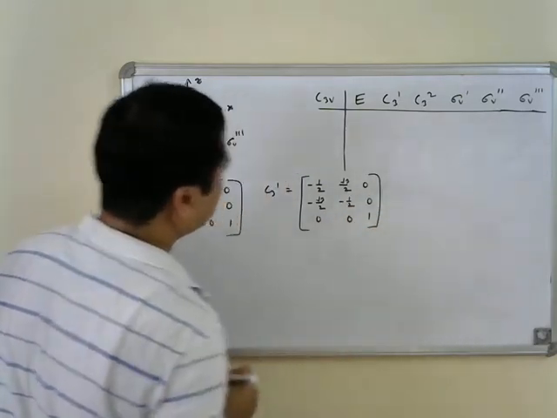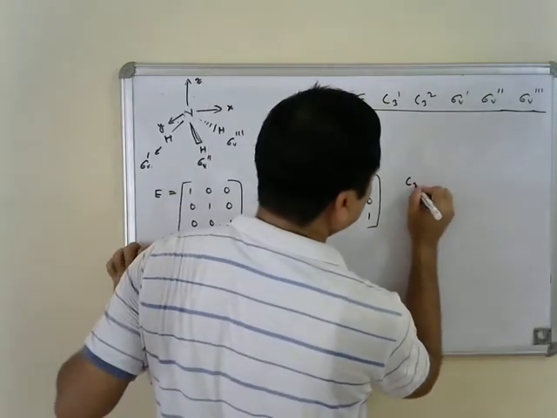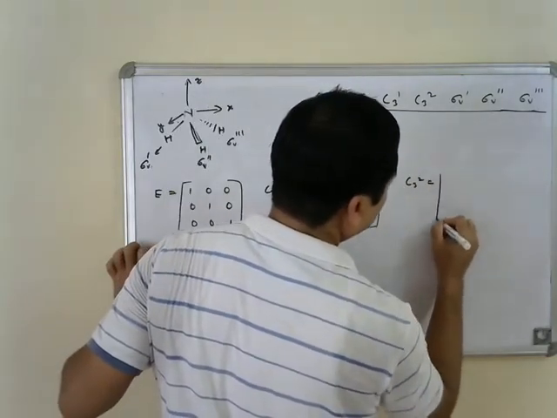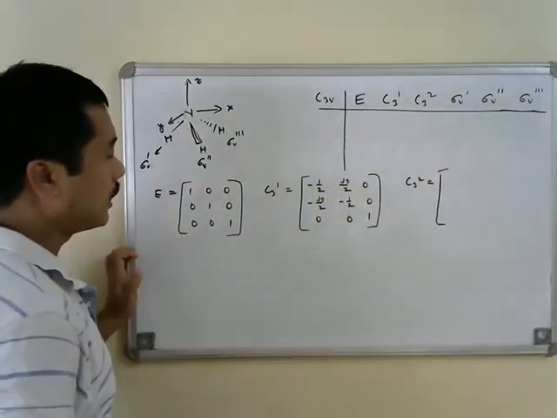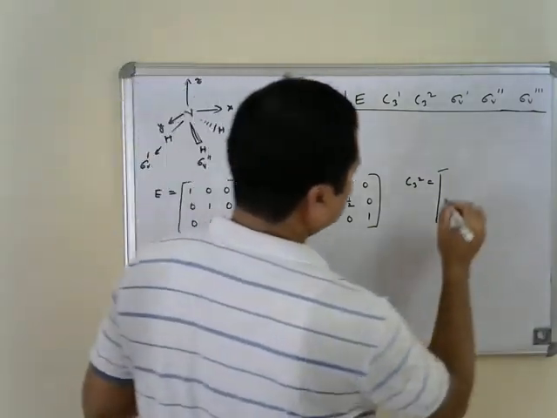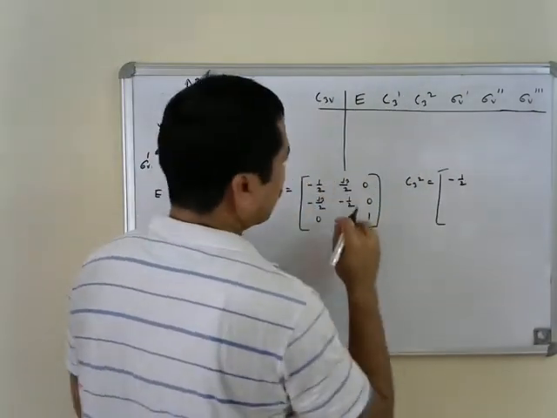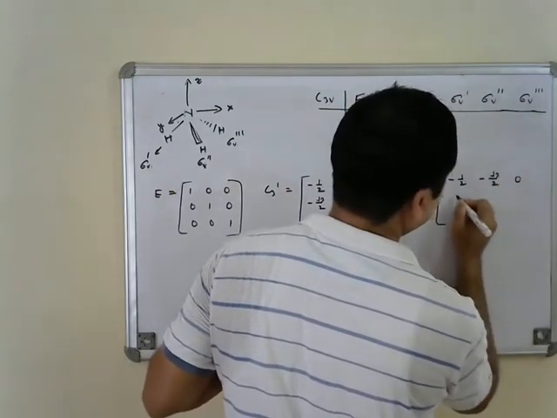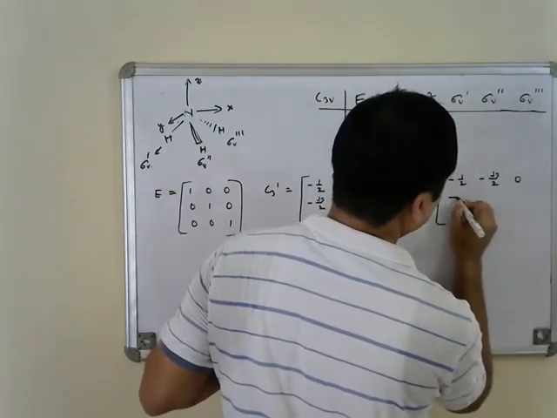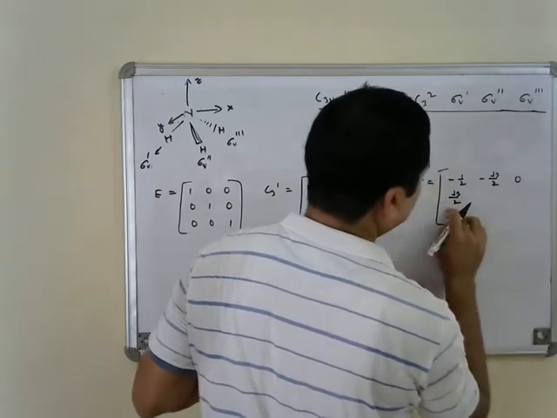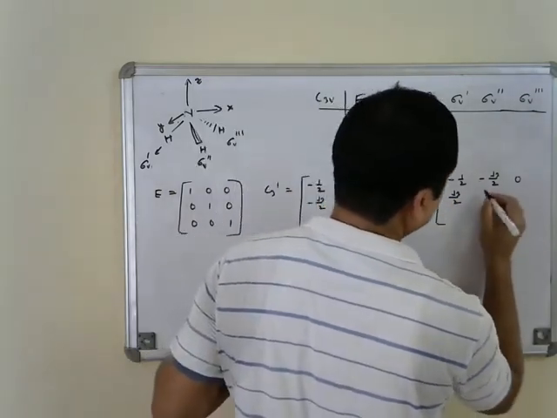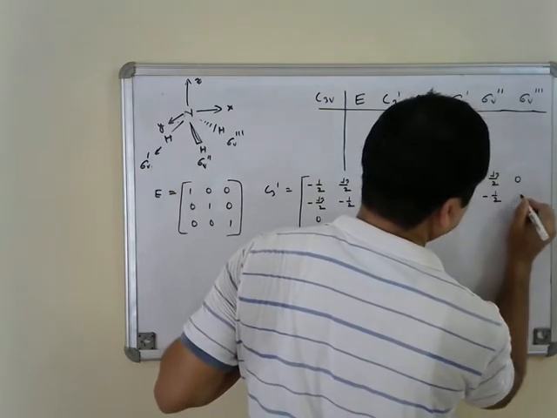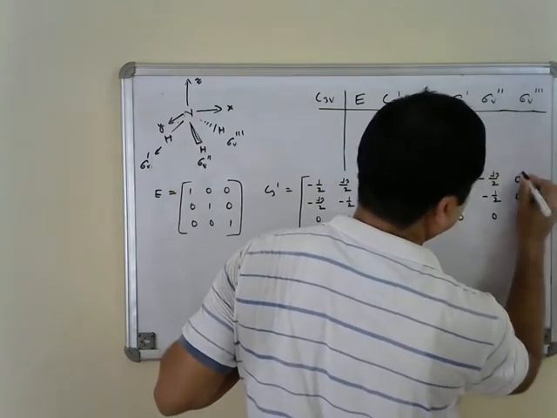This is for C3 1. For C3 2, it is going to be rotation by 240 degrees. So cos 240 is again minus half. Sin 240 is minus root 3 by 2, 0. So then this is going to be plus root 3 by 2, because this is minus sin 240, and this is minus half, 0, 0, 0, 1.